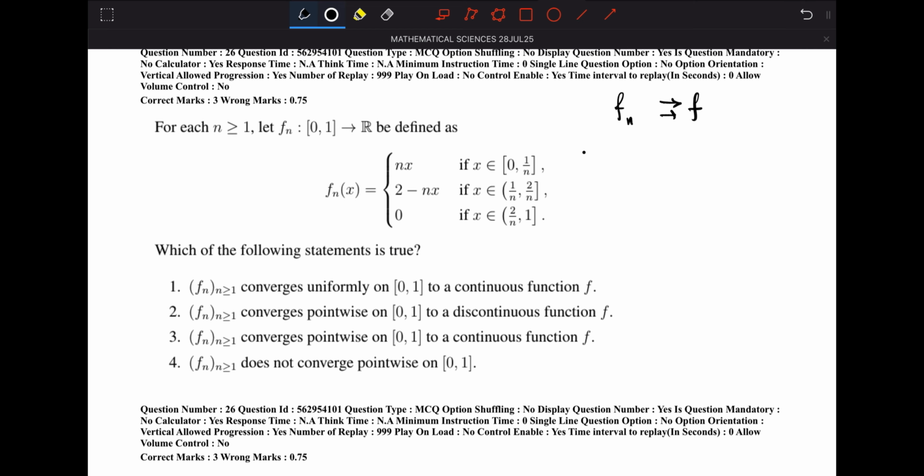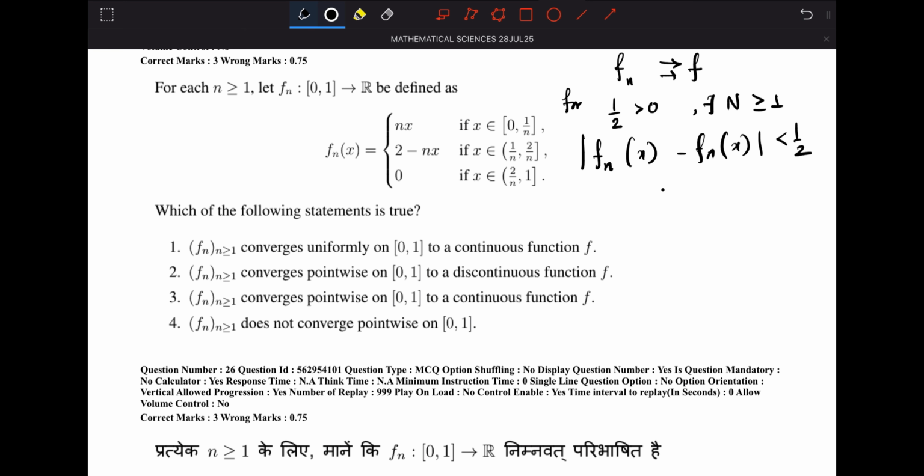So that means for epsilon equal to half there exists N such that |f_n(x) minus f(x)| is strictly less than half for all x inside 0 comma 1.